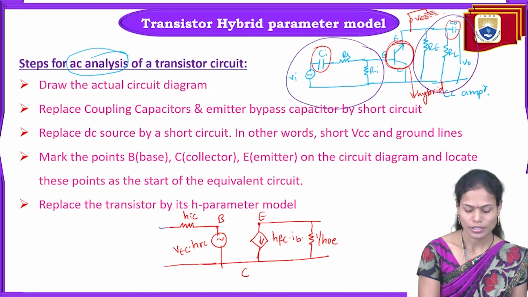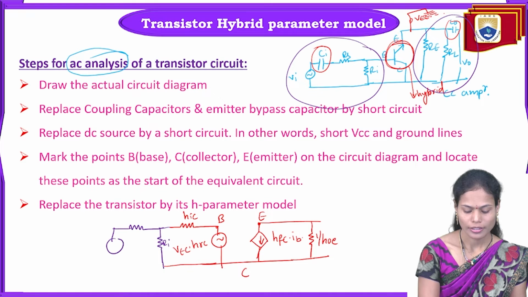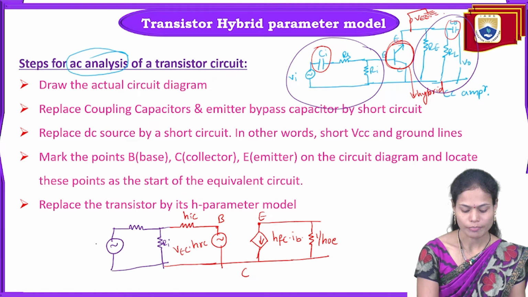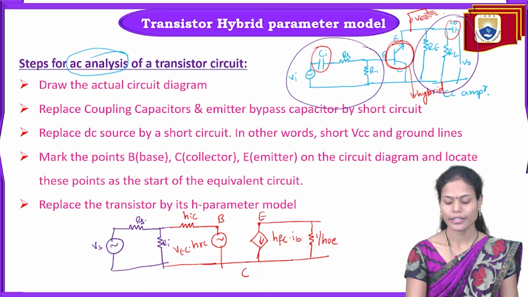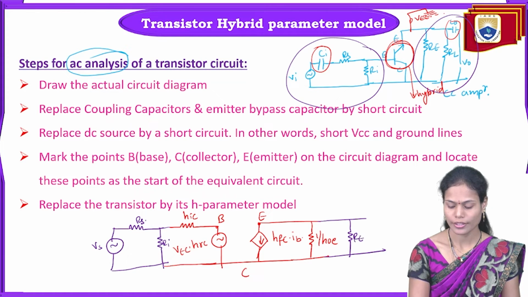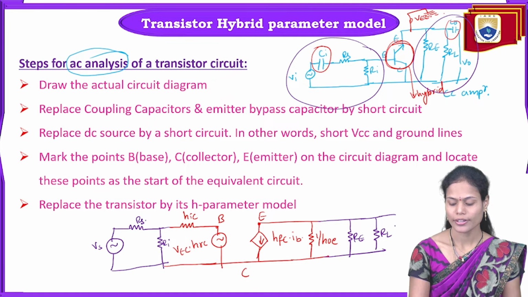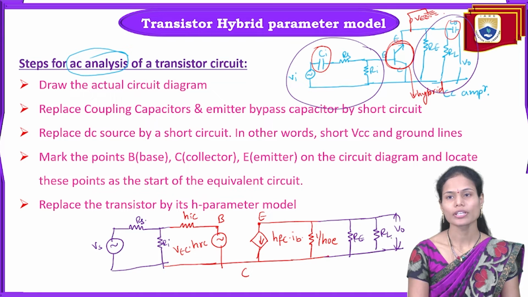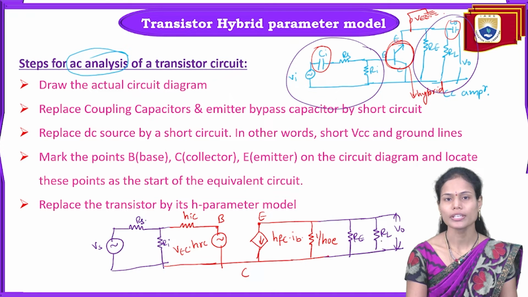Along with this, here we are having the input resistance as well as the source resistance and input signal Vs or Vi. And across the output side, we are having the resistance Rc as well as the load resistance RL, and here we'll measure the output voltage V0, and we can also call it VEC.